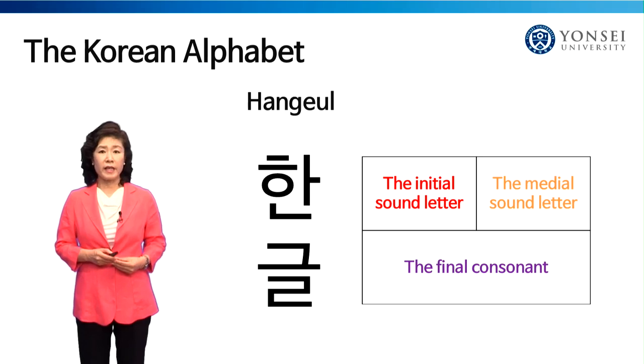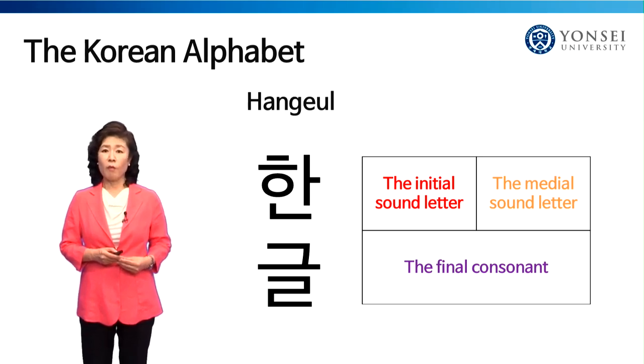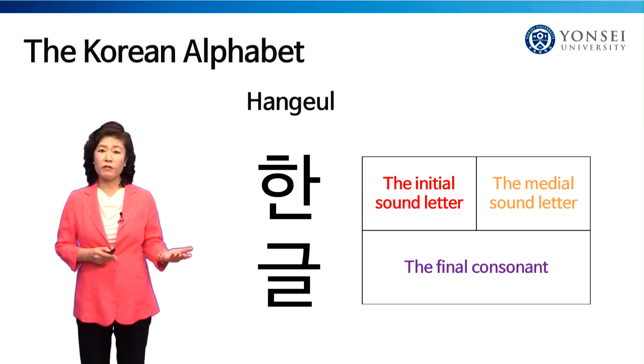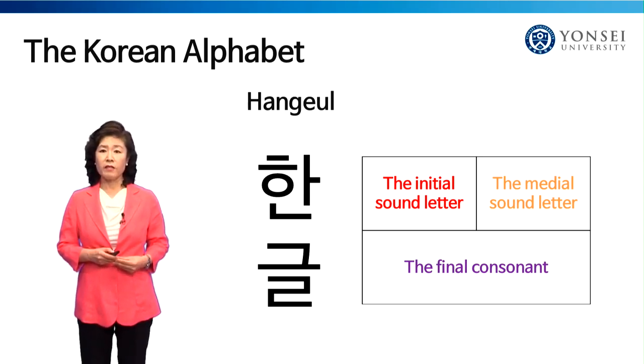In fact, it is simple, one of the most simple and logical writing systems in the world, and we are justifiably proud of it. Hangul is composed of a consonant and a vowel, forming one syllable.